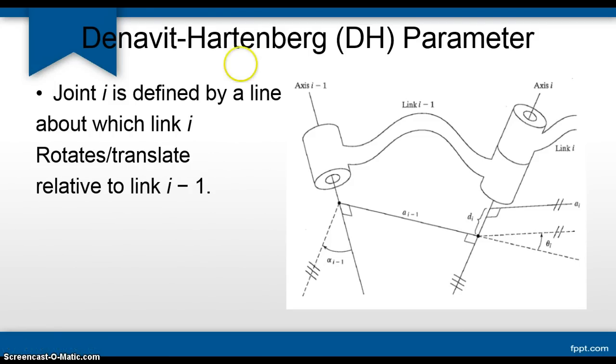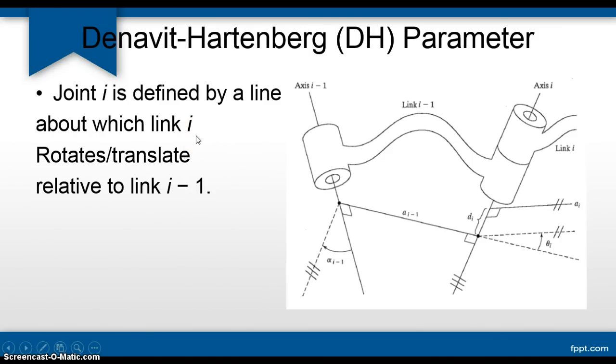Now as the manipulator or robot is a connection of rigid links, and these links have relative motion between them, we need to first of all identify the axis of motion, which we call a joint axis. So in this figure you can see axis i minus 1 and axis i assigned at the joints.